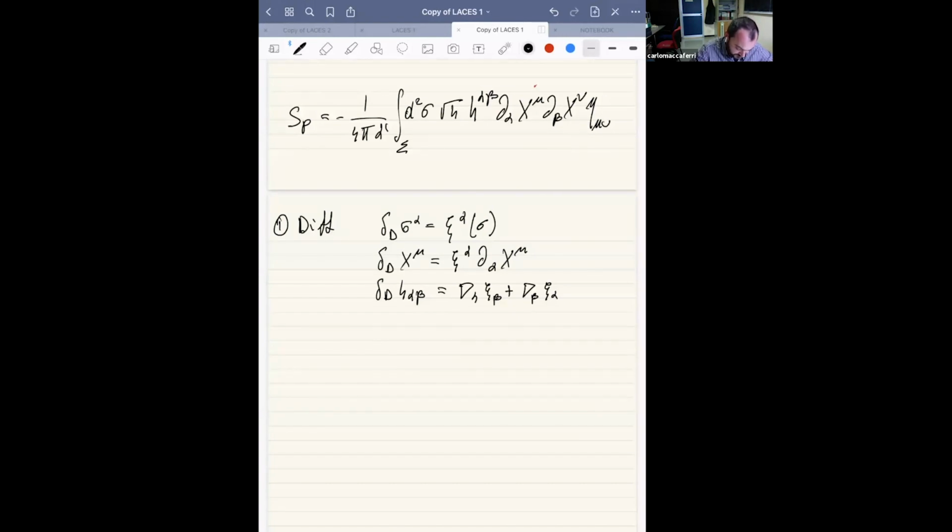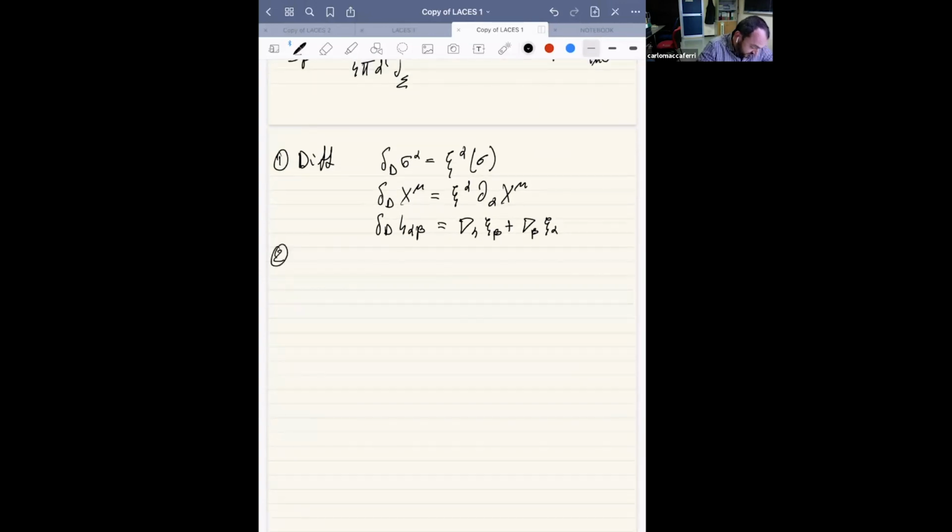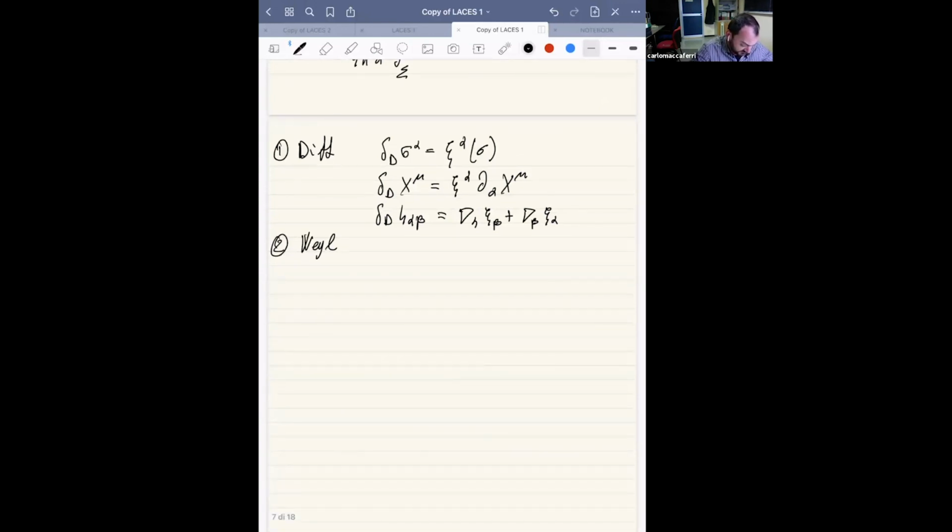Very good. So that's not the whole story for the local symmetries of this action. This action has also another local symmetry, which is the Weyl symmetry. The Weyl symmetry only acts on the metric, in fact. In fact, delta Weyl on sigma is equal to 0, and delta Weyl on X mu is also equal to 0.